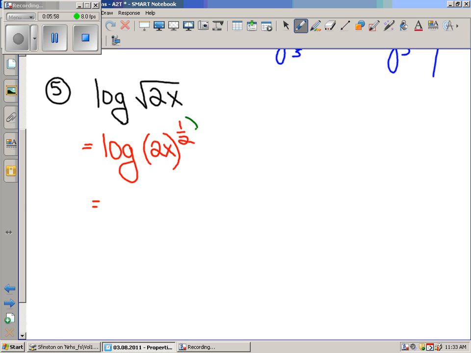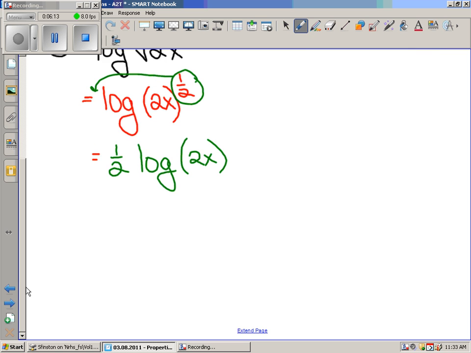Yeah, you're getting it, Felice. This 1/2 comes down in front, and then it's 1/2 log 2x. I'll show you, because what's going on inside? These two things are being multiplied together.